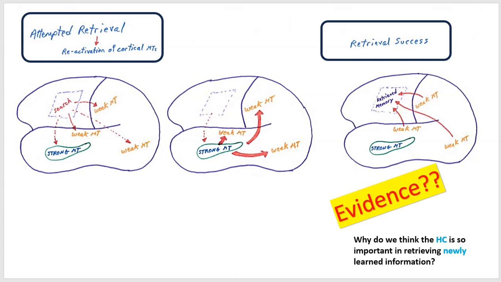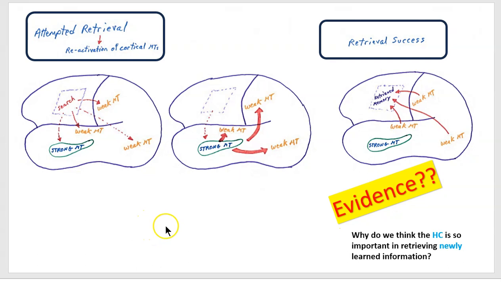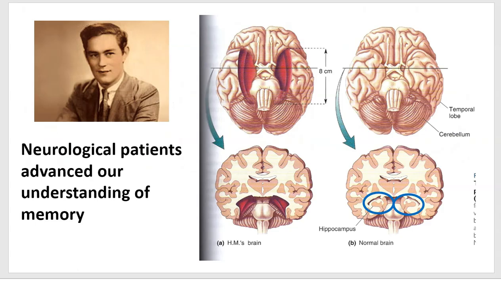Now, why do scientists think that the hippocampus is so important in retrieving newly learned information? Well, the evidence then takes us back to our neurological patients like HM. You'll recall he had epilepsy, and to treat his epilepsy, surgeons removed parts of his brain. Over here on the right, we see the underside of the brain with the temporal cortex here.